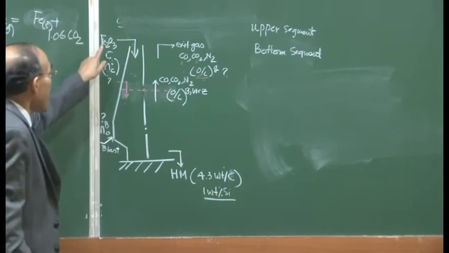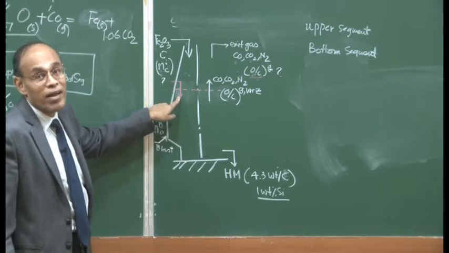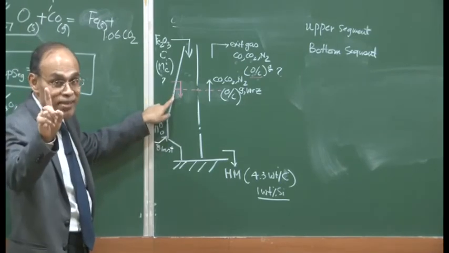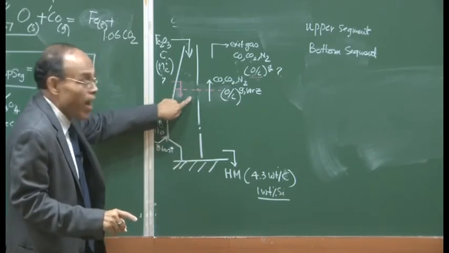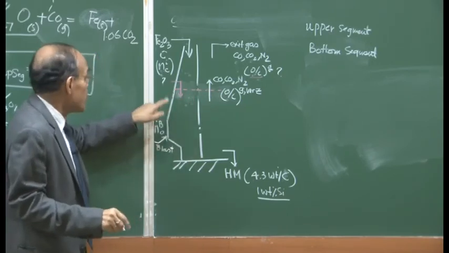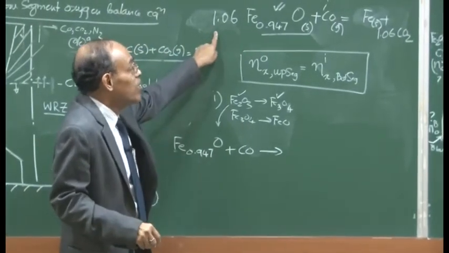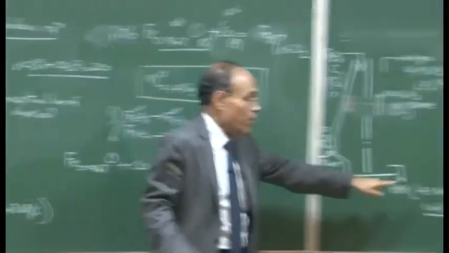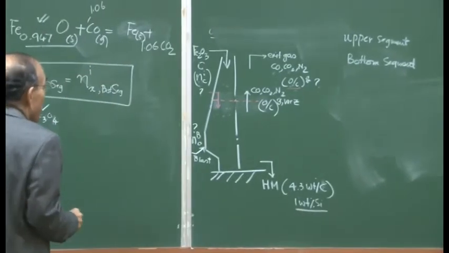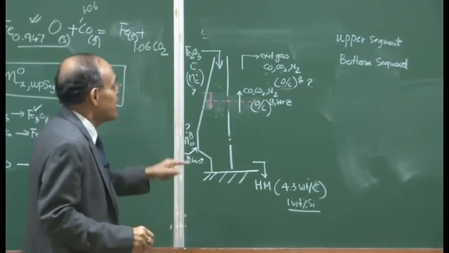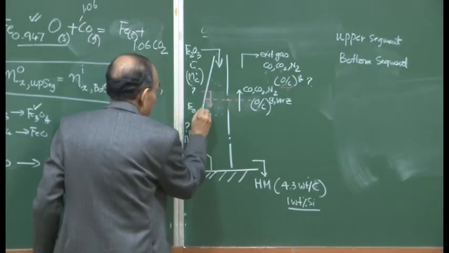In the upper segment iron comes as Fe2O3, but here in what form does iron come? The iron comes as Oostite. That is what is prevalent in this part. There are no higher oxides which can remain here. Since the Oostite formula is shown to be Fe0.947O, for every mole of Fe produced, because that is my basis of calculation, the iron bearing material here is Fe0.947O.